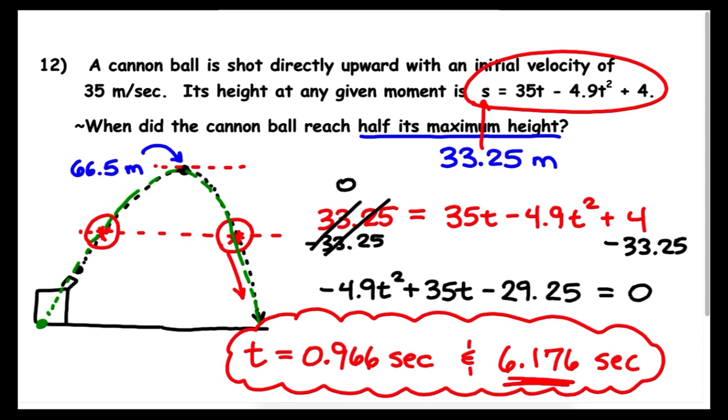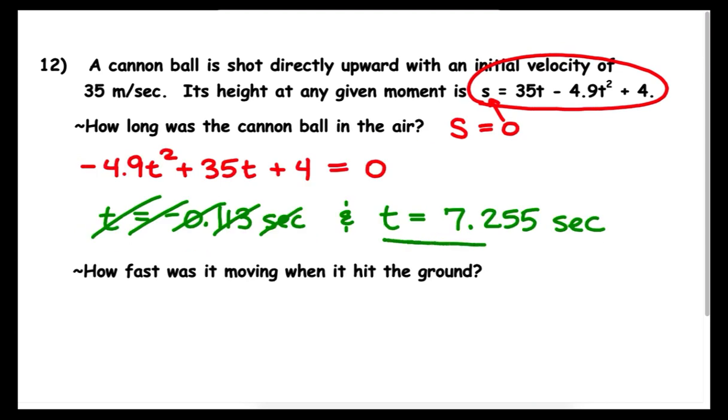So really, it does make sense with the graph, but since the cannonball starts here, this part never occurs. That's why I threw that first answer away. I'm actually really liking my second answer because remember I said I think it's going to be in the air for about 7 or 8 seconds, and so yeah, that makes sense.